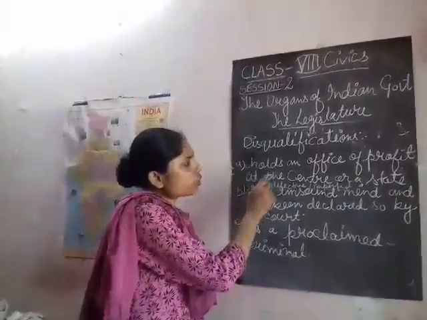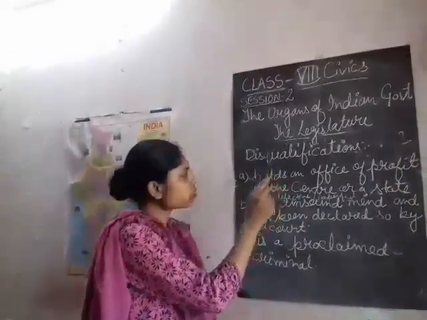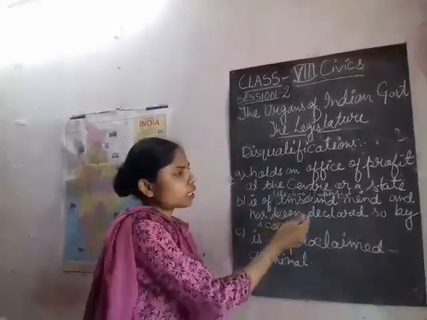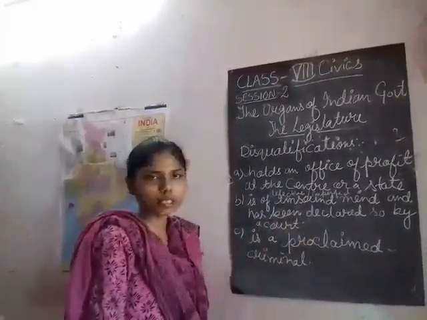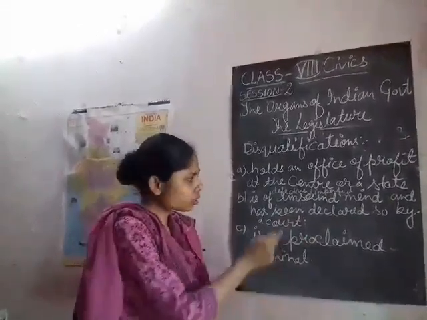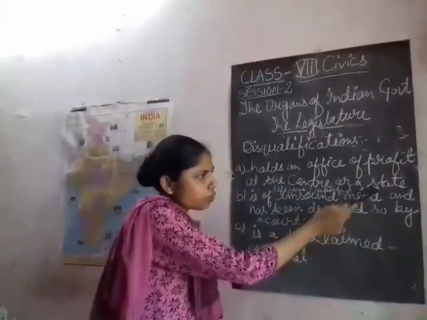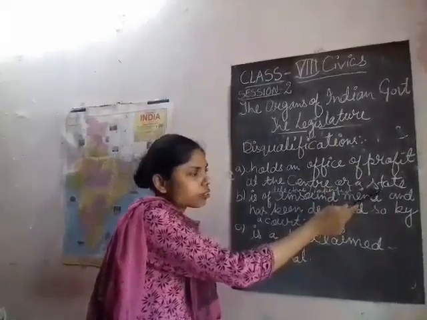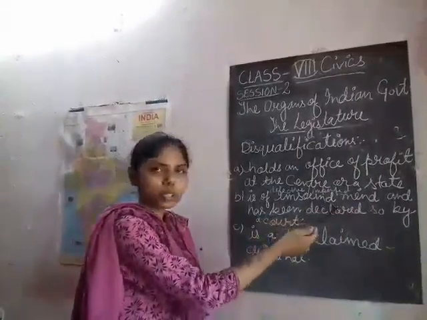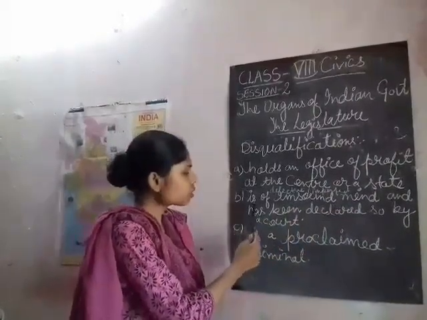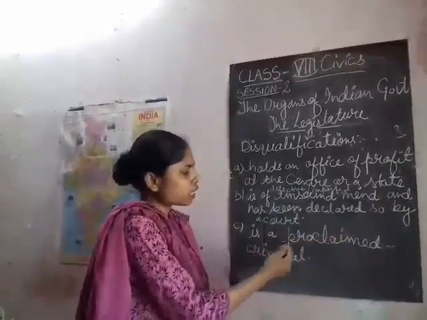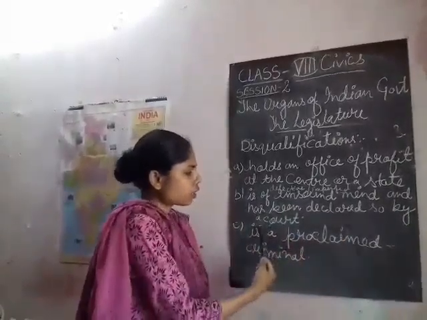Now I'll explain the disqualifications of members. Holds any office of profit at the center level or state level. He or she should not hold any position at center or state level. He should leave her or his job at center level or state level. Second one is of unsound mind and has been declared so by a court.